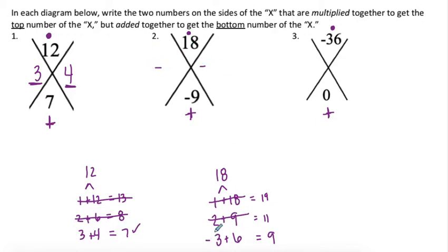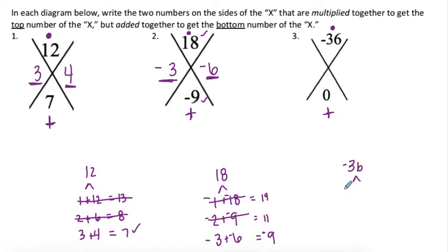So if I change my signs, -3 plus a -6, that would get me my -9. Now these are the two numbers that would multiply to a positive 18, checks off here, and add to a -9 down here. All right, on the next one, multiplies to a -36.